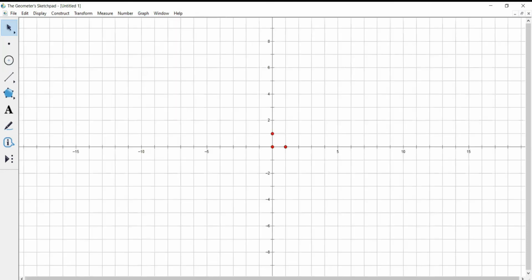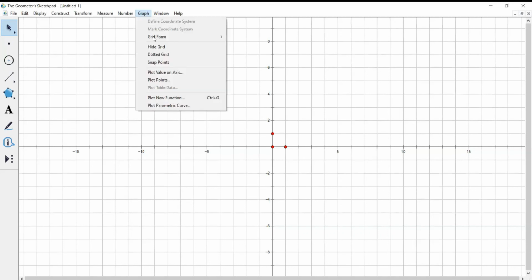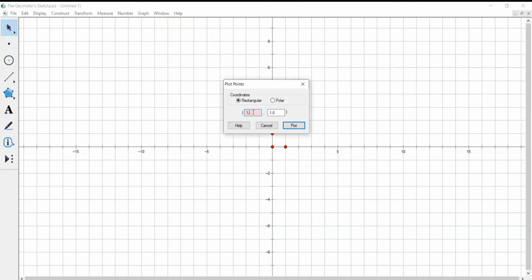So for f of x, you have -3, 1. We're gonna plot these points. We have -3, 1. That's one point. The next point was -2, 0. Plot that one. The next point was -1, 1.